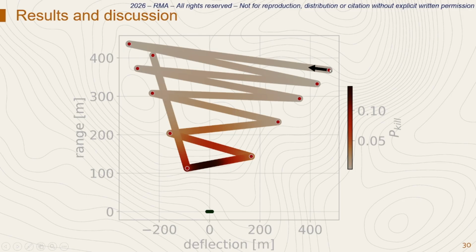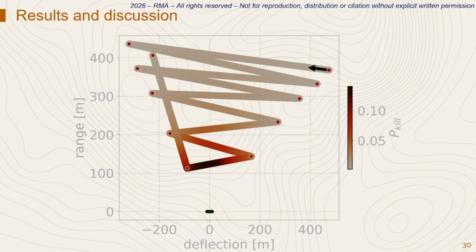It flies from the red dots, which are waypoints, and it has been color coded with the kill probability. And intuitively speaking, this makes sense.